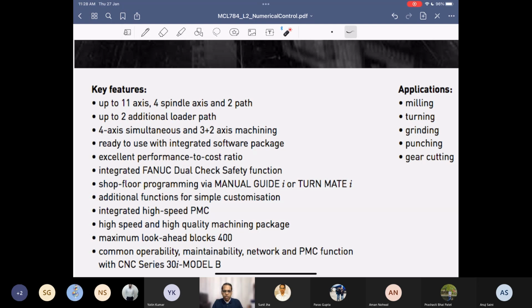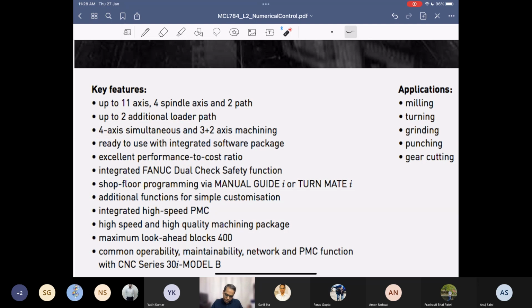That is how interpolation is very important when it has to be done for multiple axes at the same time. Though it says 11 axes over here, the simultaneous operation is among the 4 axes only, and 3+2 axes for the machining. So 5 axes for the machining, and 4 axes you can operate simultaneously for other functionalities.